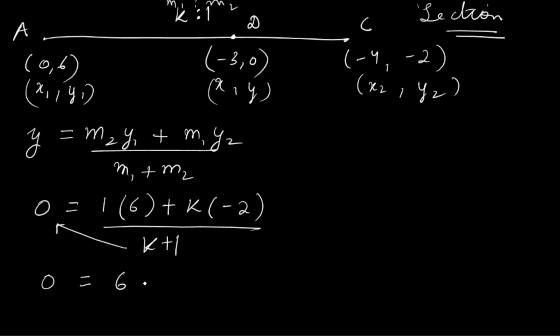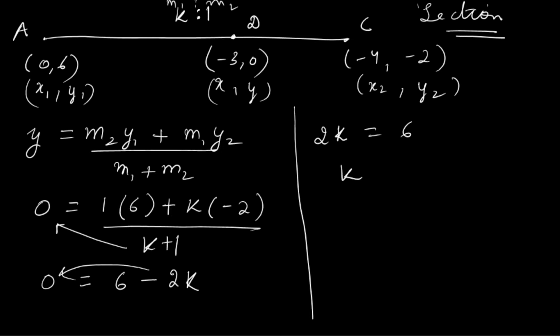So 1 into 6 is 6 plus K into minus 2 is minus 2K. Minus 2K I am shifting to the other side, it will become plus 2K. 0 plus 2K is 2K only, equal to 6. So K is equal to 6 divided by 2, because 2 we are shifting to the other side, it will get divided. So K's value is equal to 3.